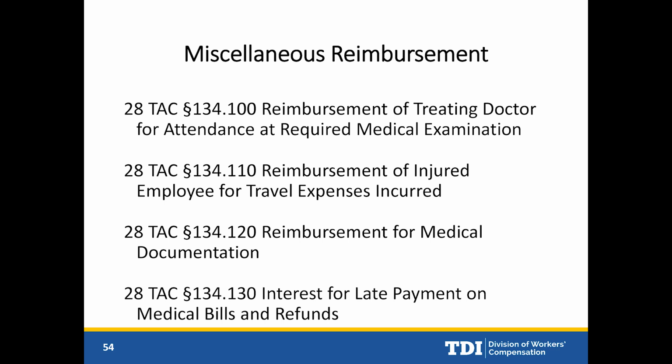Also, if you are providing the designated doctor with copies of the medical records, you can be reimbursed for those copies. And if OIEC, the Office of Injured Employee Counsel, asks for copies of medical documentation, you can also be reimbursed for that. And 134.120 will tell you what that reimbursement is.